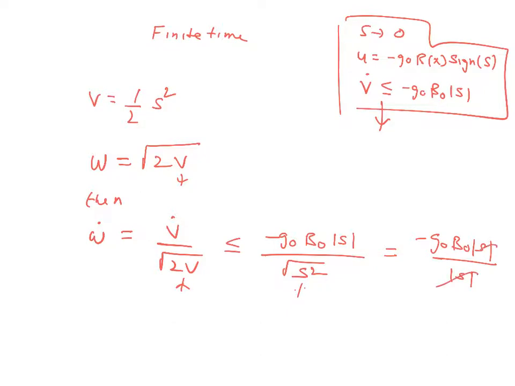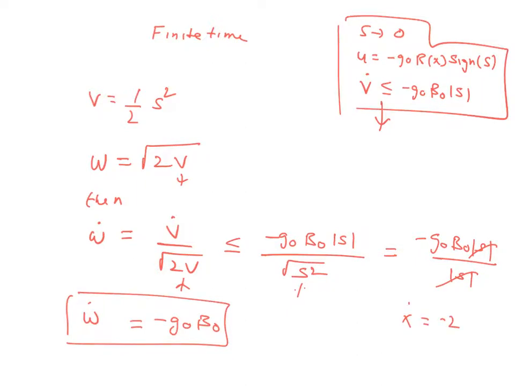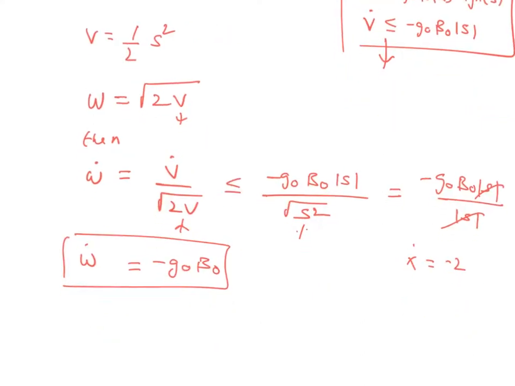So this cancels out. Your w dot is basically equal to minus g0 beta 0, which is a constant, right? So basically it's like saying x dot equals minus 2, something like that, right? Now having this equation, you can solve this ODE very easily, right? How do you solve this equation? If somebody gives you dx by dt equals minus 2, what will be the solution for this?